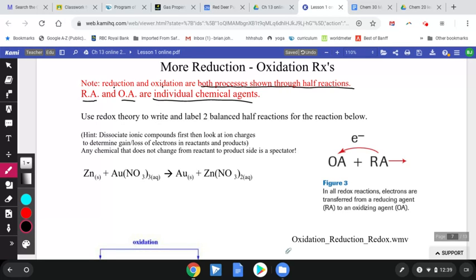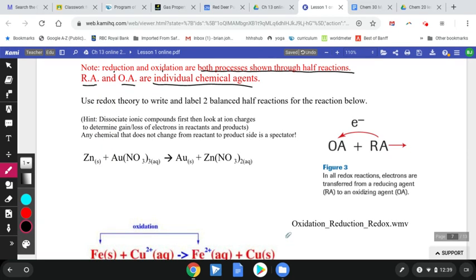All right, so given this reaction, write out the 2 balanced half reactions. So what have we got here? Zinc, and over here this is an ionic compound. Well, and this is an ionic compound, so I'll just separate them up above. That's made of gold 3+ and NO3 1-.